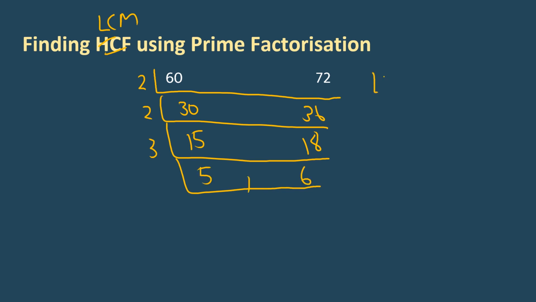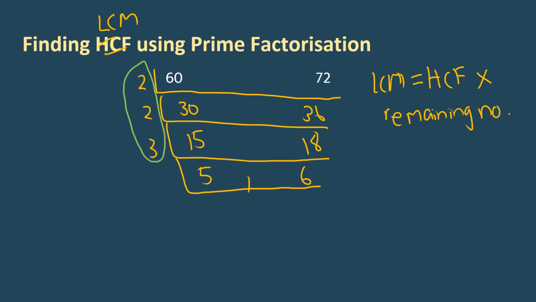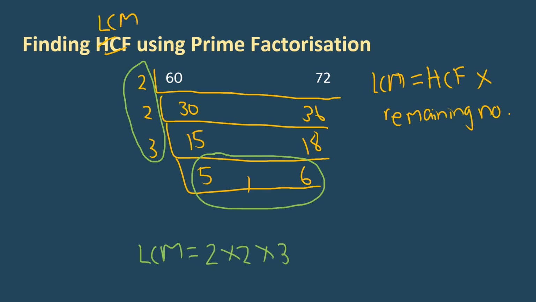So earlier I said the lowest common multiple is equal to the highest common factor multiplied by the remaining numbers. Therefore, we're going to take the numbers here, multiply by the numbers here. So lowest common multiple is equal to 2 times 2 times 3 times 5 times 6, which is equal to 360. So that's how we find the lowest common multiple.